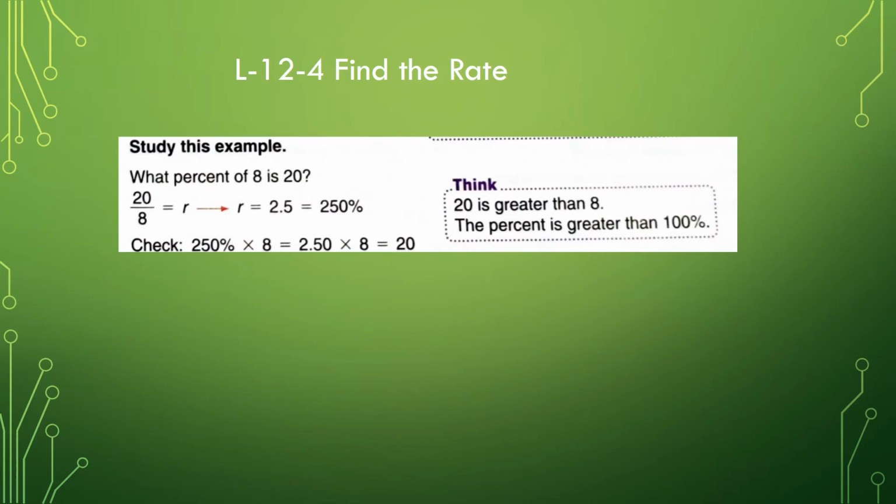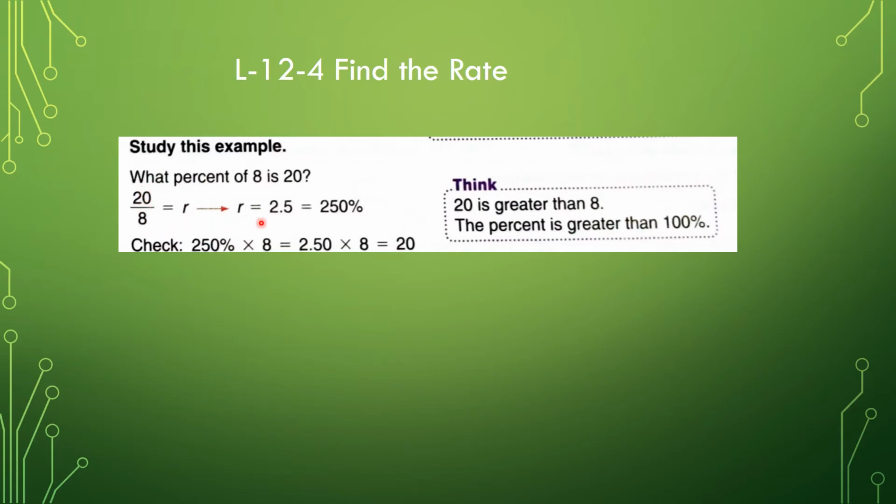One more example. Here you can see, what percent of 8 is 20? What percent of, after the word of, is always the whole, so 8 is your whole. Then 20 by 8 is your rate, because this is your part and this is your whole.